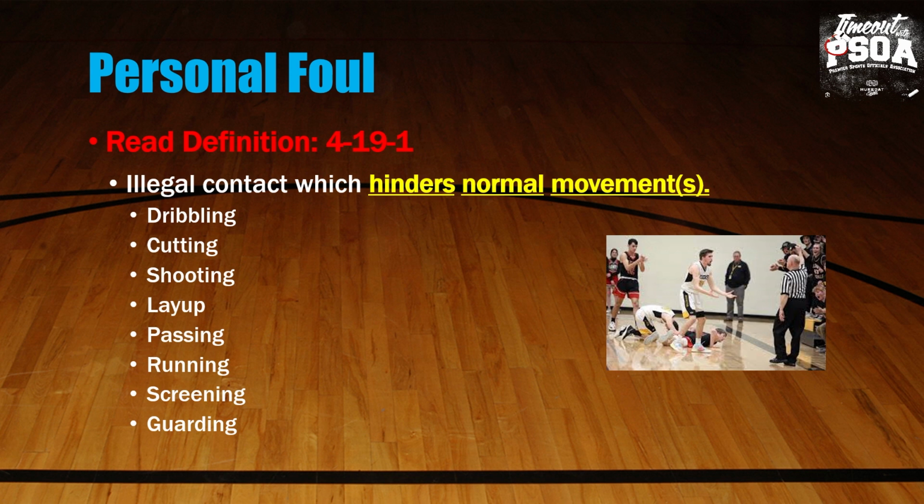So as I am officiating, my goal is I don't want to blow the whistle at the time of the contact. I am waiting till I see the absolute full result of the reaction of the final ending situation after the contact is complete. Did that contact actually hinder a normal movement?